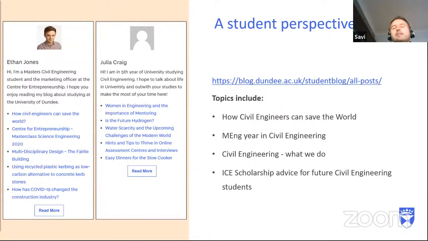Other kinds of activities that you can do, there is a civil engineering society, which is quite active. The civil engineering society is basically a group of students organizing events around civil engineering. And these events are normally fun events. They could do pub quizzes, they could do some other kinds of interesting things.